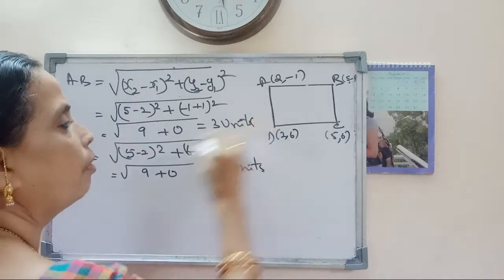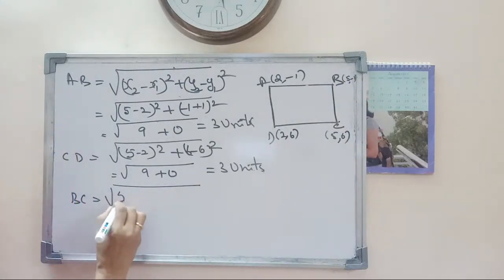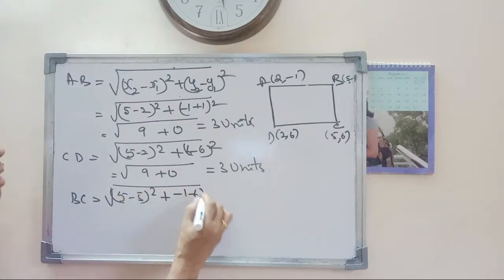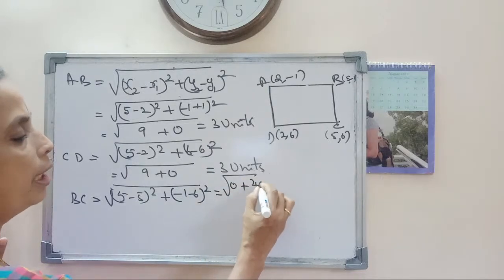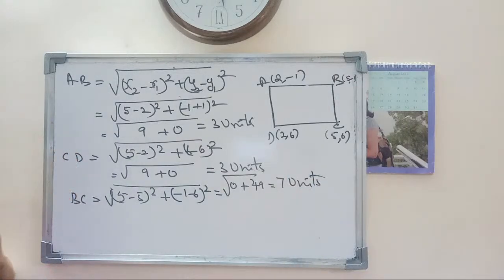So one condition is satisfied, that is opposite sides are equal. Again we see BC. BC is root of (5 minus 5) whole square plus (minus 1 minus 6) whole square. It is root of 0 plus 49, which is 7 units because root 49 is 7. Now calculate AD.